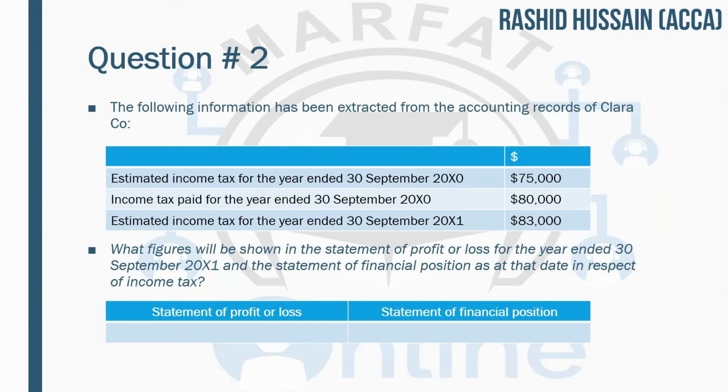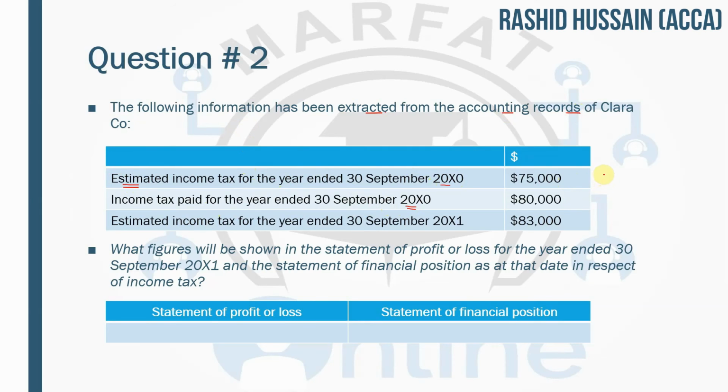Let's move to question number 2. The following information has been extracted from the accounting records of Clara. Estimated income tax for the year ended 30th September 20x0 was 75,000. This is an estimate. Income tax paid for the year ended 30th September 20x0 was 80,000.